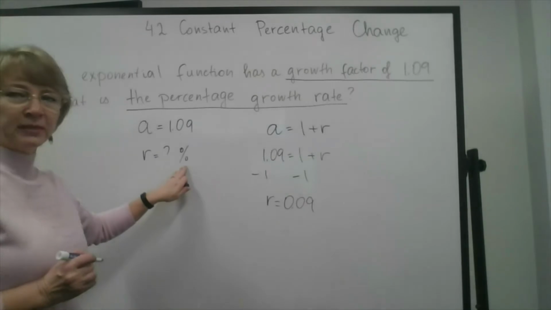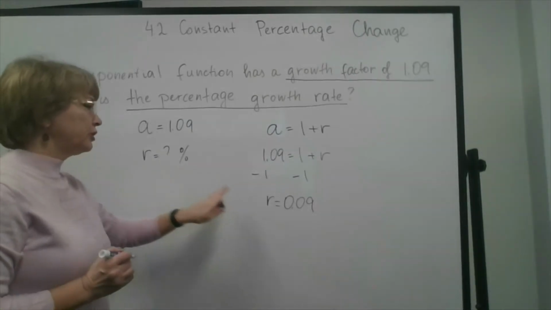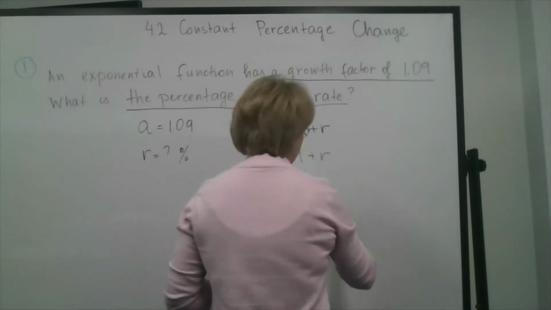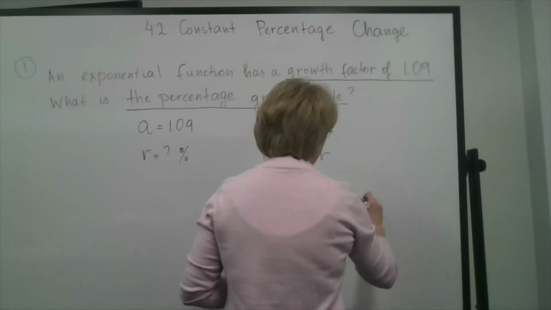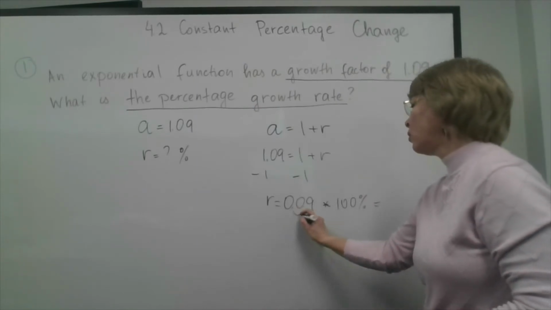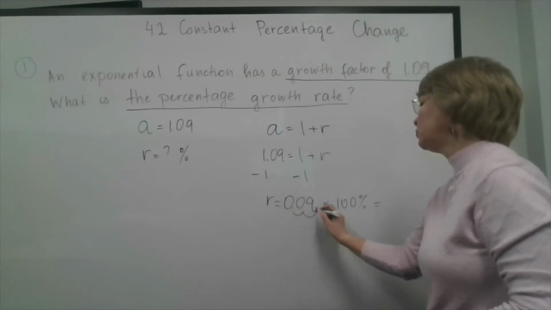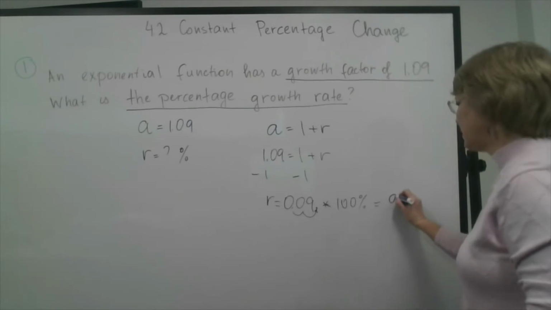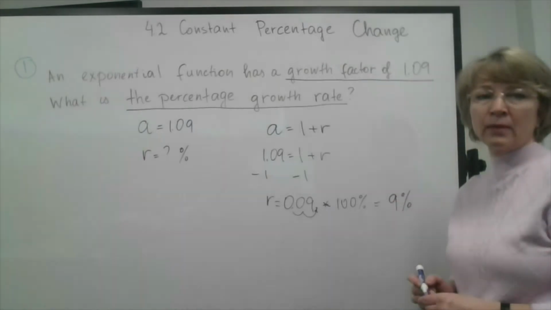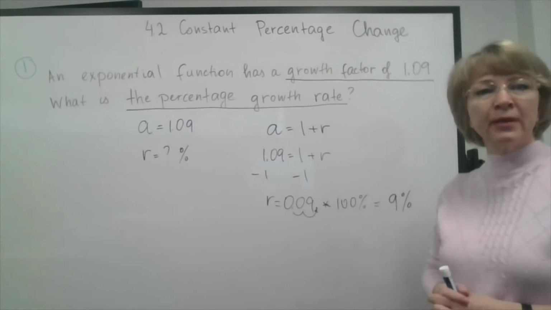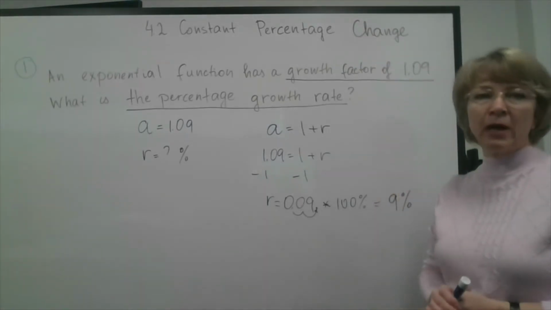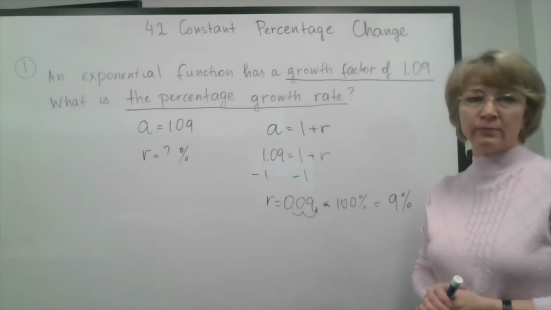How will we change a decimal to a percent? We will multiply this number by 100%, or move the decimal point 2 places to the right, and the answer is 9%. So if you read the problem carefully and think logically, this problem is not hard at all.